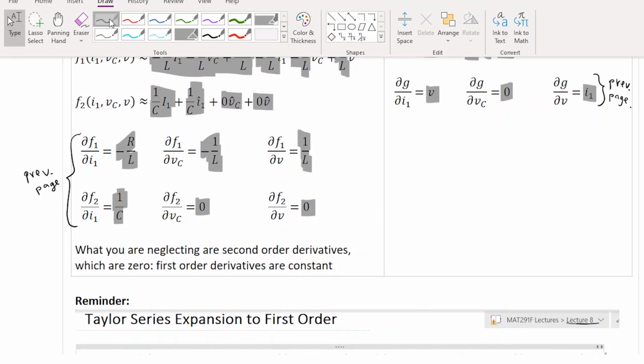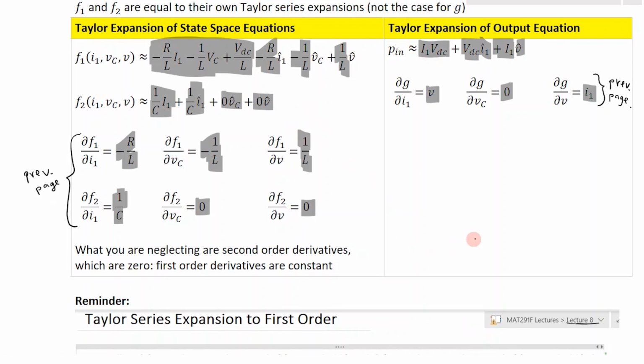This Taylor expansion is the same thing as we always do when we evaluate f at x plus delta x as f at x, well, let's call it x bar, plus f prime at x bar times delta x.